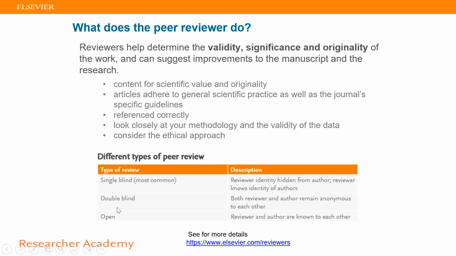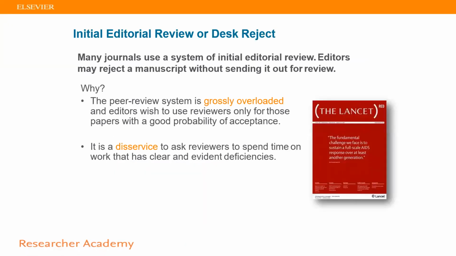The double blind, and we can expect what it means, means that both the reviewer and the author remain unknown to each other. The open peer review means the reviewer and the author are known to each other. What is the most common type of peer review process for most of the journals? The single blind. So that's about what exactly the peer review is searching for.